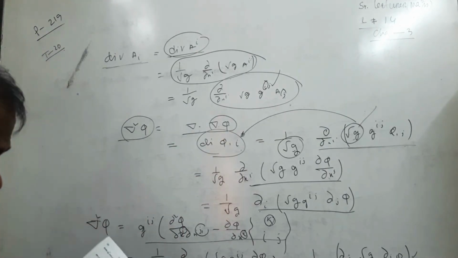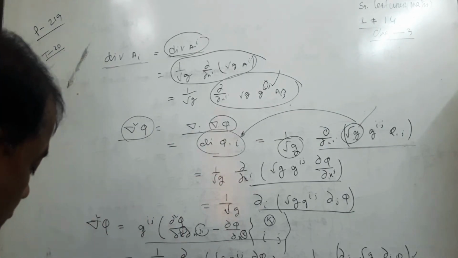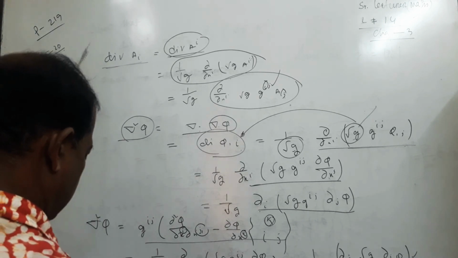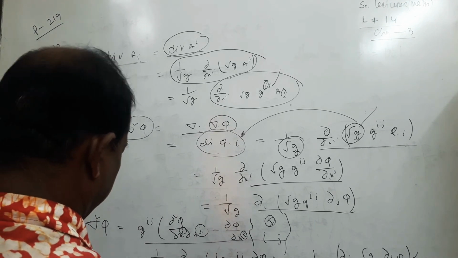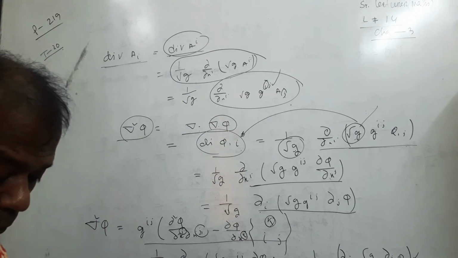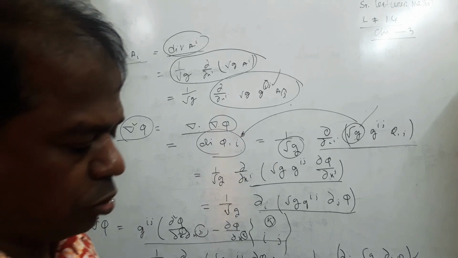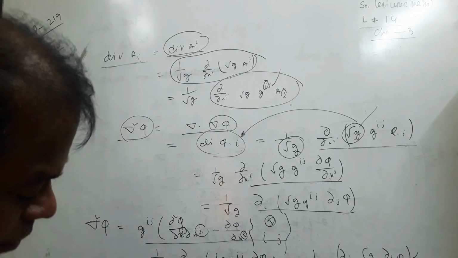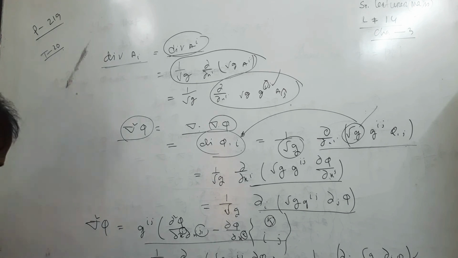So I think that del square phi is proved. Okay, clear my point? It's also firstly divergence, gradient, divergence and curl, and the Laplacian equation.